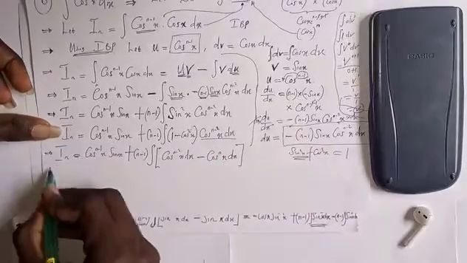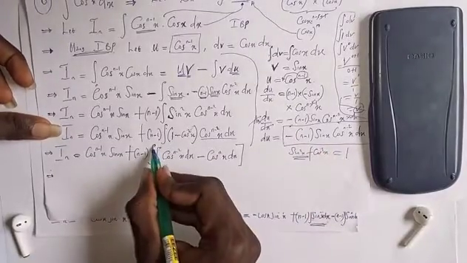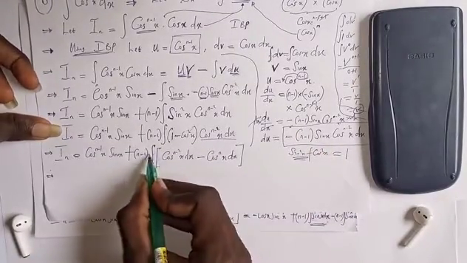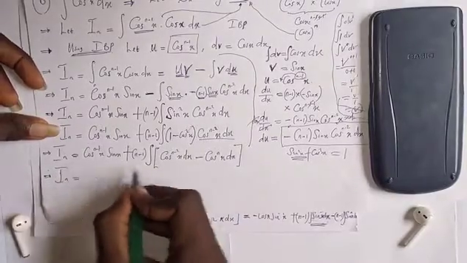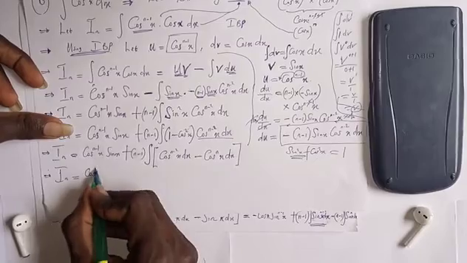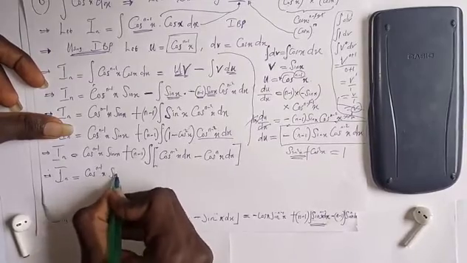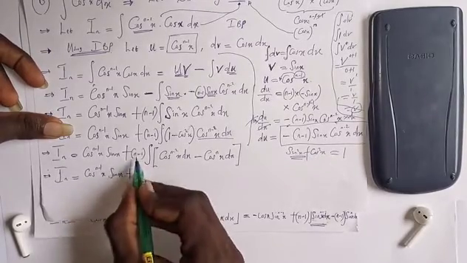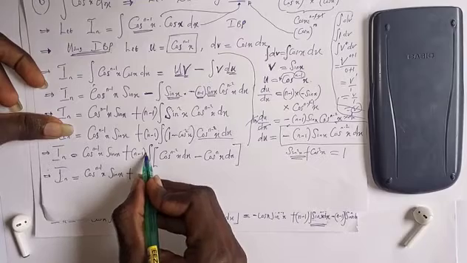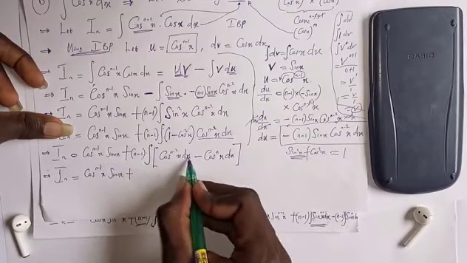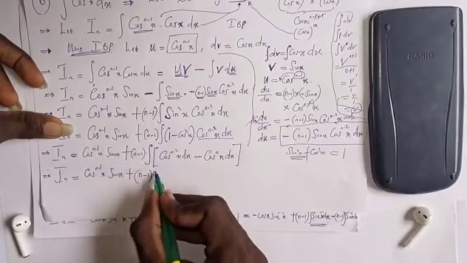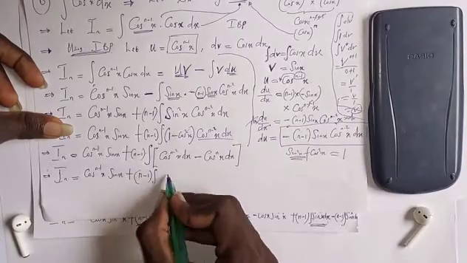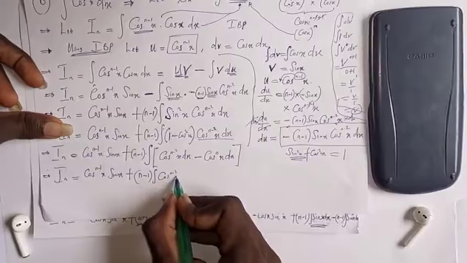So then the next thing to do from here also is to split up the integrals. Open the whole of this bracket, with this n minus 1. So we are going to be having I n equals cos n minus 1 of x sine x. If this n minus 1 multiplies this expression here, I will end up having n minus 1 integral of cos n minus 2 of x dx.